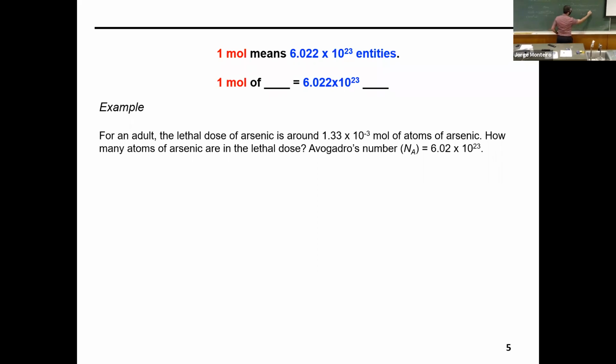When you are multiplying powers, you keep the base and add the exponents. So therefore, this is going to be 8.01 times 10, 23 minus 3, 20, atoms.